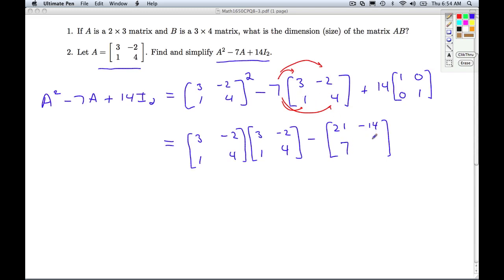And 7 times 4 is 28. Plus 14 times this matrix, and once again, you take a real number times each of the entries. So that's going to be 14, 0, 0, 14.